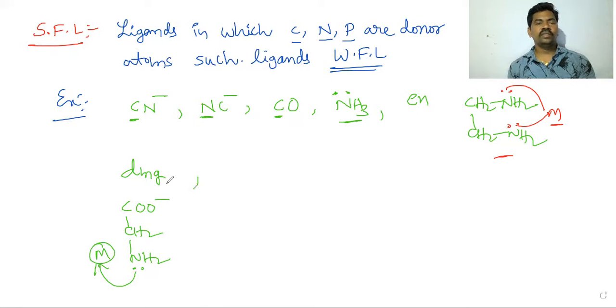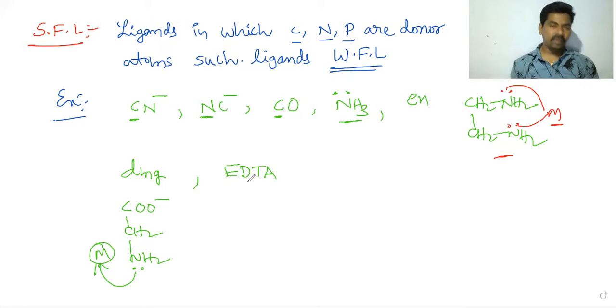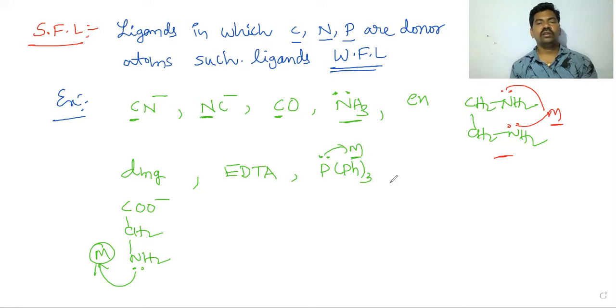Then ethylene diamine tetra acetate, in which oxygens and nitrogens are donating. Then triphenyl phosphine, where phosphorus can donate an electron pair, and trimethyl phosphine. In such case, phosphorus donates an electron pair to the metal atom.